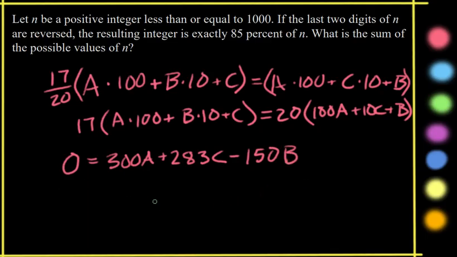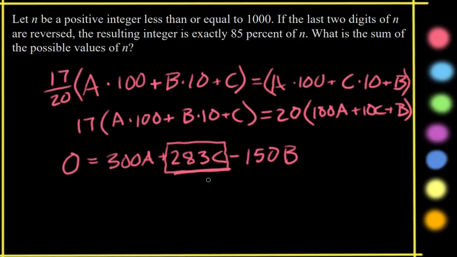Now, the first thing you might notice is that this 283c, well, the 300a minus the 150b, if we just look at that part, it'll have to be a multiple of 150. And so that means this other part here also has to be some multiple of 150 in order to add together to give you 0.